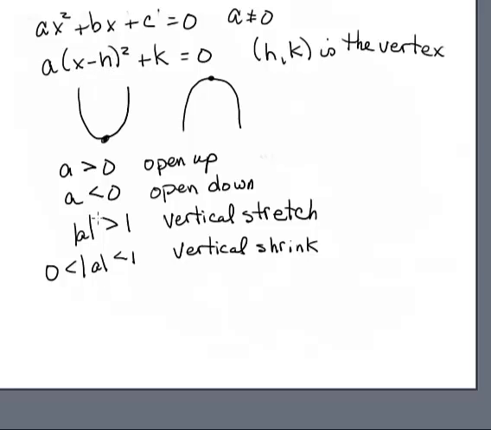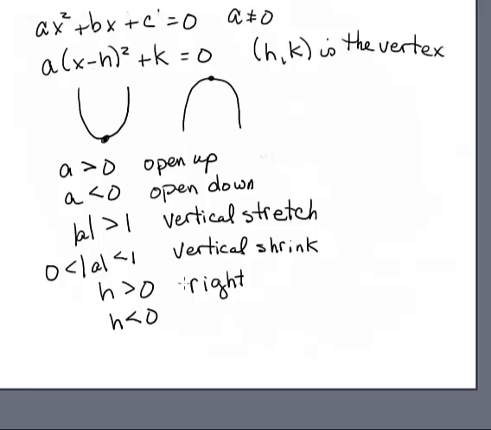So if our h is a positive number, that would be x minus a positive number. It's going to move to the right. Shift our graph to the right. And if our h is less than 0, then this becomes a negative number, and x minus a negative would make it x plus h.